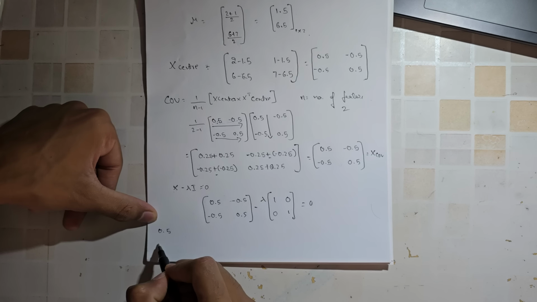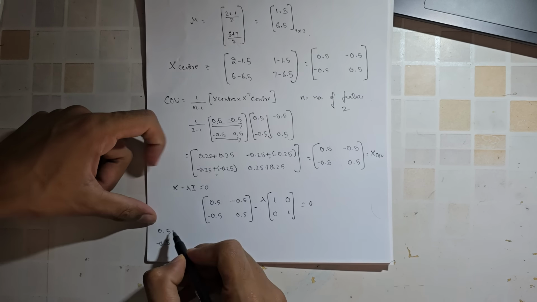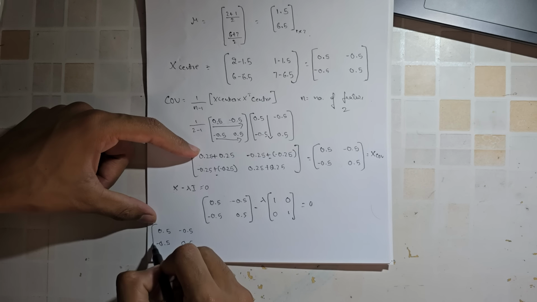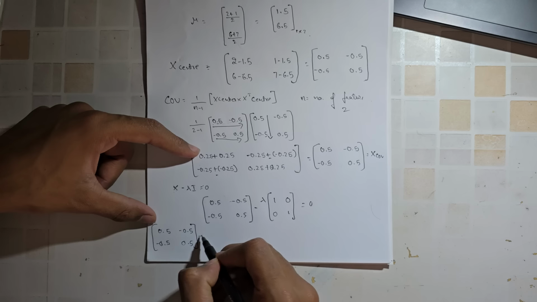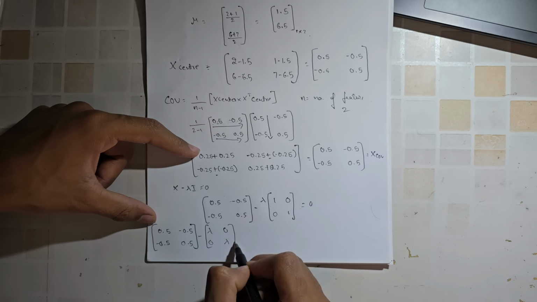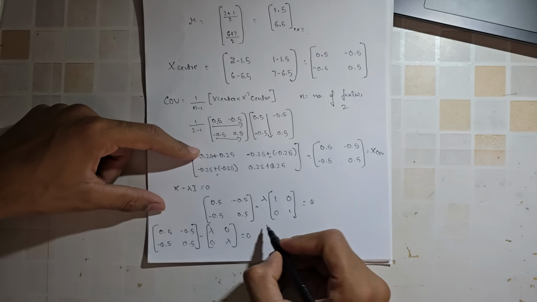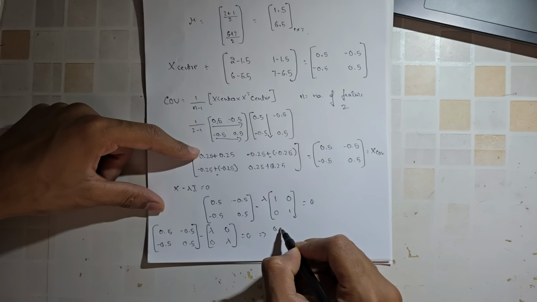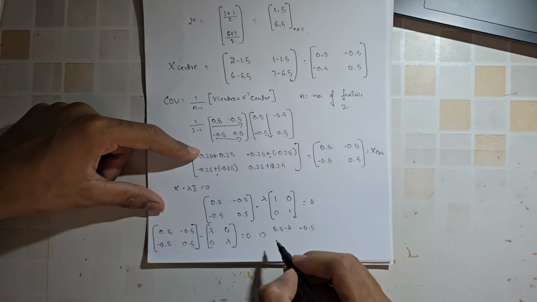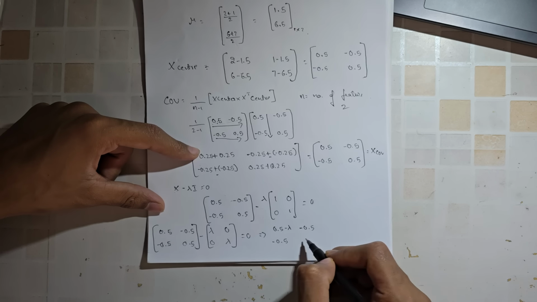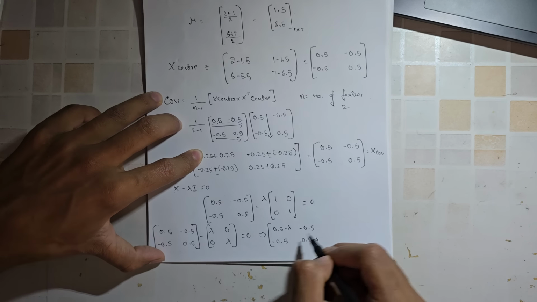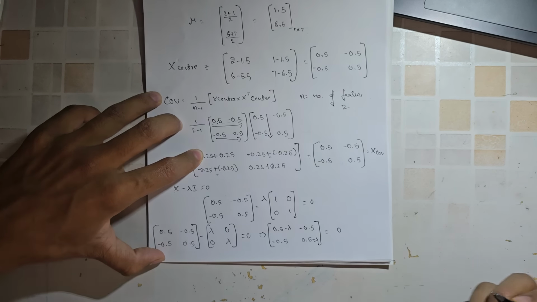I have to write this as it is just to explain to you. Don't do direct solving and stuff. You write the steps, so it will be now minus lambda 0 0 lambda is equal to 0. It's very simple now. Now it becomes 0.5 minus lambda, minus 0.5 here as it is, and here minus 0.5 as it is, here 0.5 minus lambda. This is equals to 0.